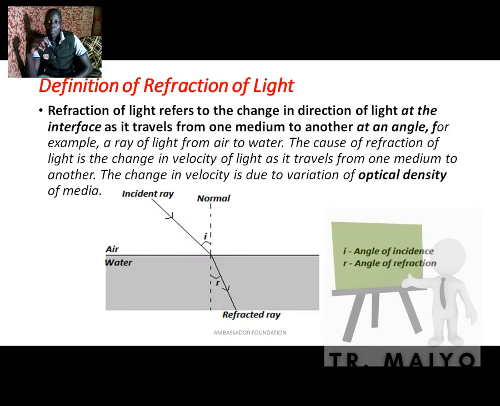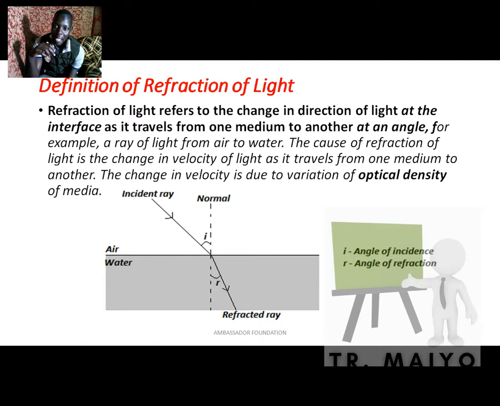Let's start from there. First of all, I want us to define the term refraction of light. We defined reflection of light as the bouncing back of light when it hits a shiny surface. There are people you will never know whether they are talking of refraction or reflection.